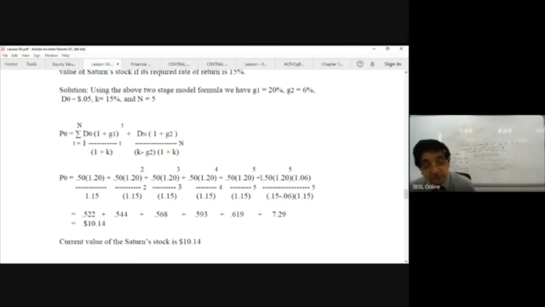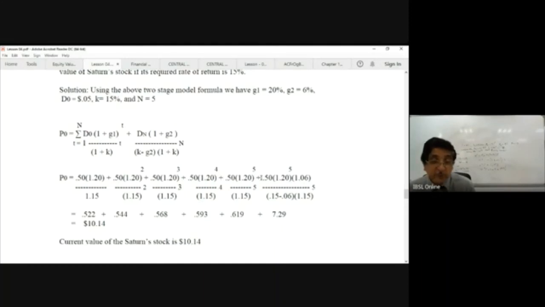P5 is equal to D5 times 1 plus g, divided by k minus g. So that is the application of the one-stage dividend model for that.